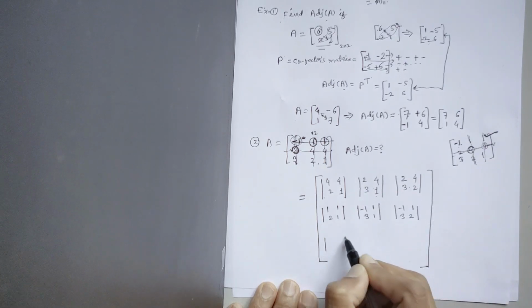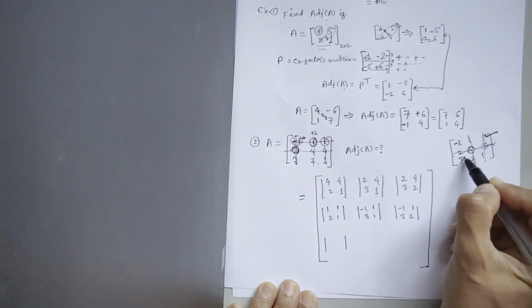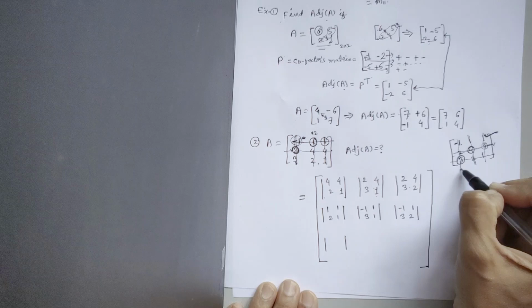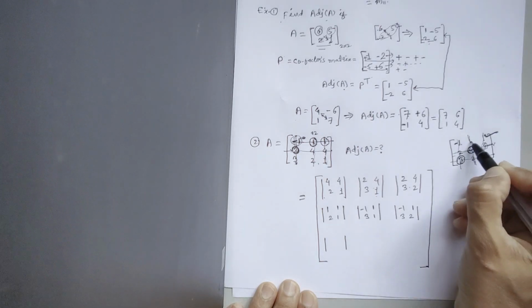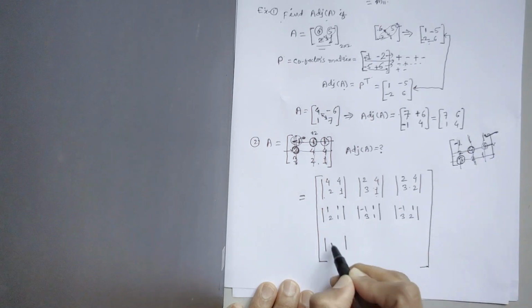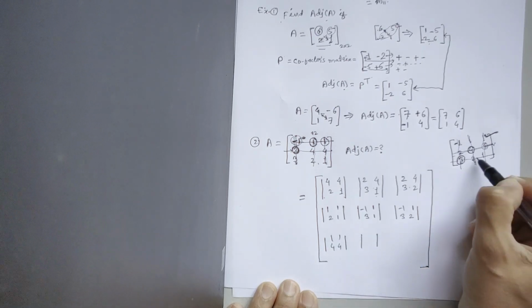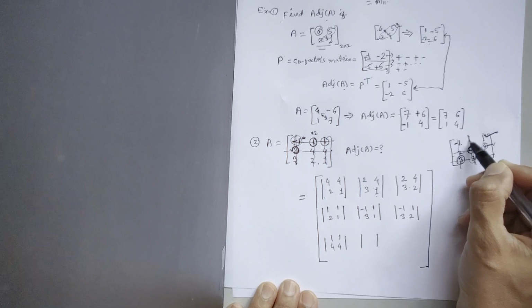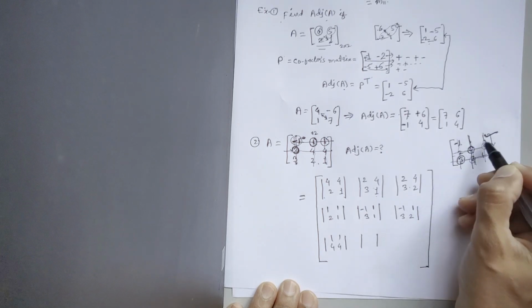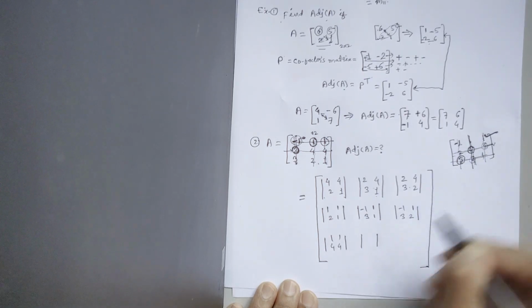Now for this element, eliminate the third row, first column. The remaining are 1, 1, 4, 4. Now for the next element, again eliminate this row and this column. What is remaining?